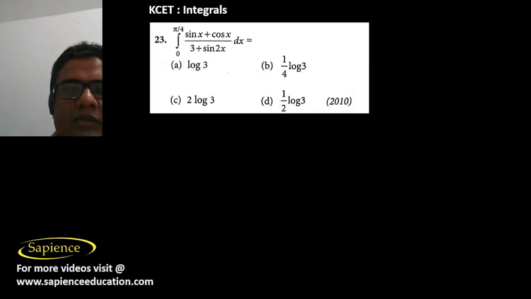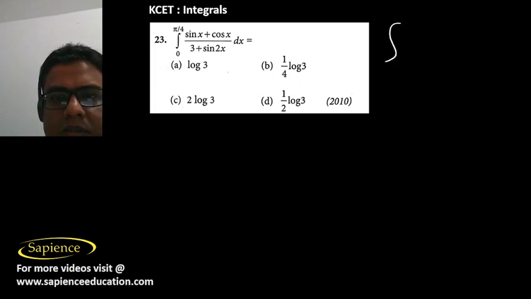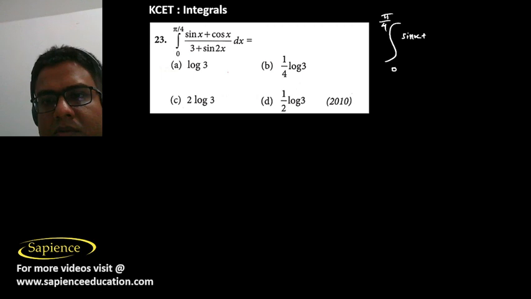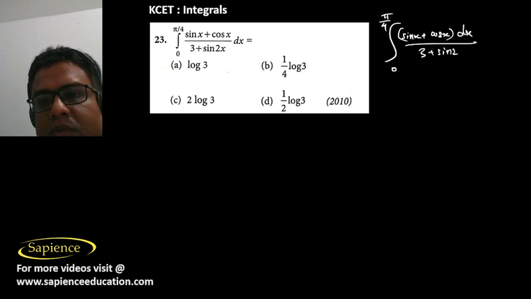Then in question number 23 it is told to find the integral from 0 to pi by 4 of sin x plus cos x into dx divided by 3 plus sin 2x.